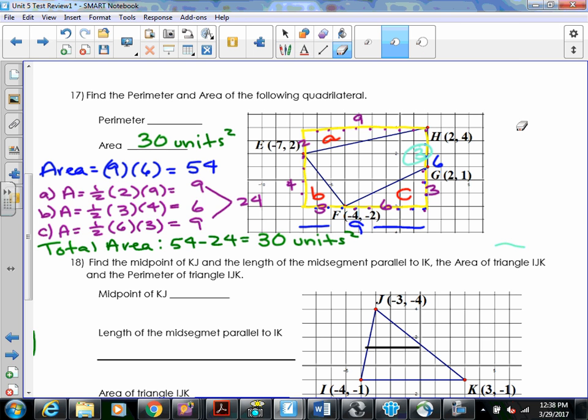And the easiest way to do it is with the Pythagorean theorem. So, based on what I already have, to find the length of this diagonal up here with triangle A, I'm gonna do 2 squared plus 9 squared equals segment HE squared. So 2 squared is 4, 9 squared is 81, equals HE squared. That's gonna be 85.